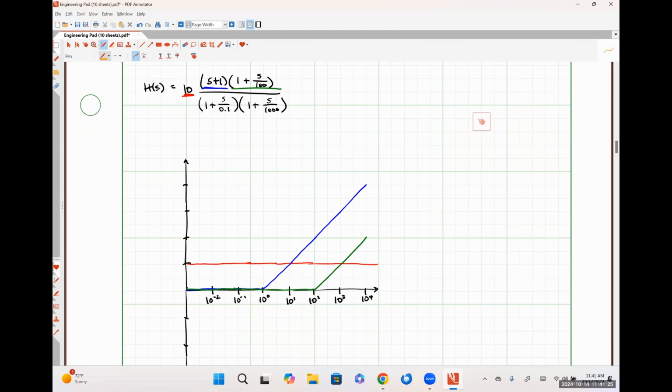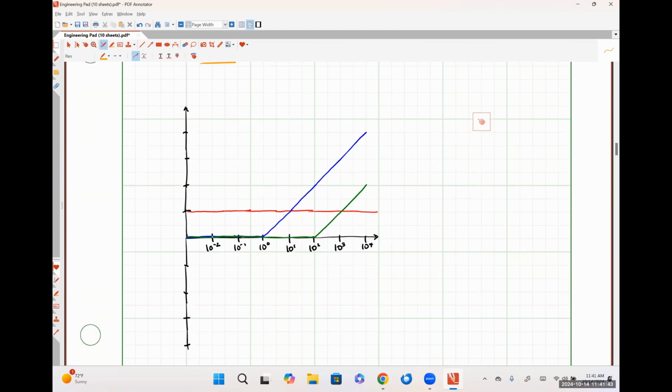Now let's do this zero in orange. That's going to look like a flat line at 0 dB until we hit 10 to the minus 1, and then it's going to go down at a slope of negative 20 dB per decade.